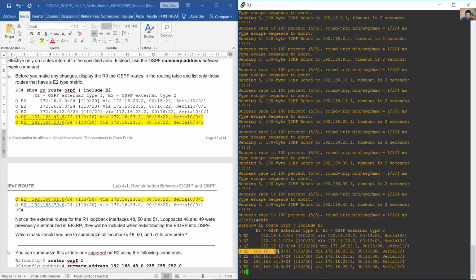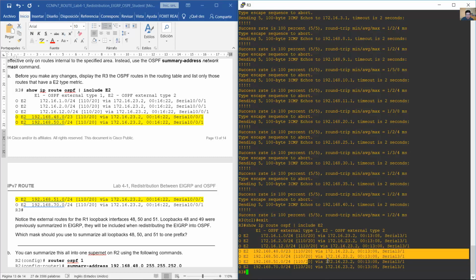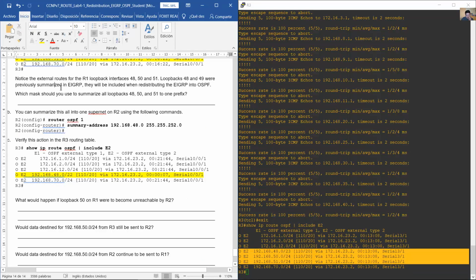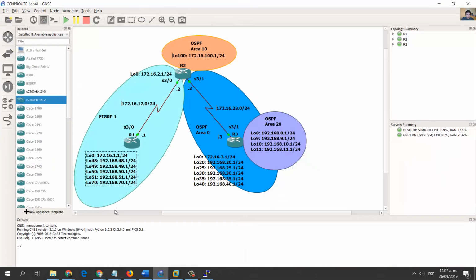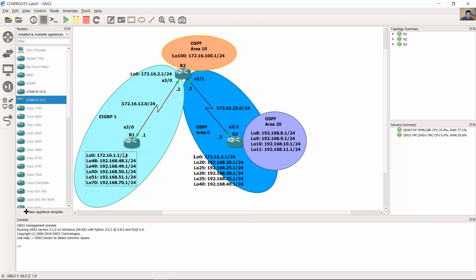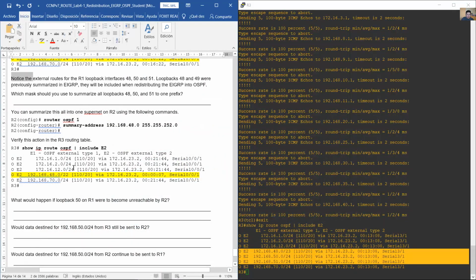These routes are the loopbacks on R1. Notice the external routes for the R1 loopback interfaces 48, 50, and 51. Loopbacks 48 and 49 were previously summarized in EIGRP. They will be included when redistributing EIGRP into OSPF.